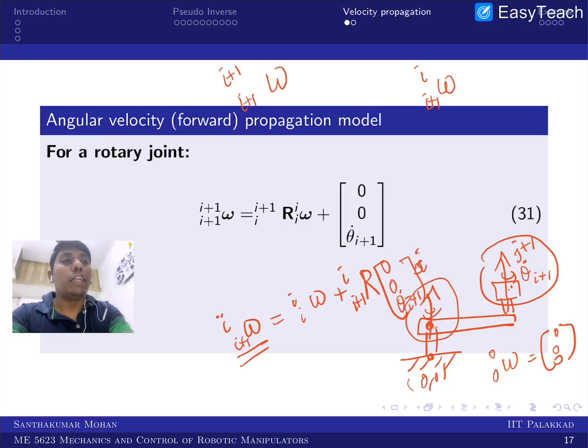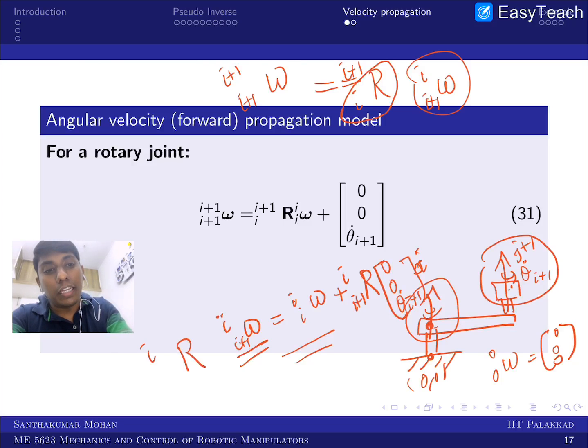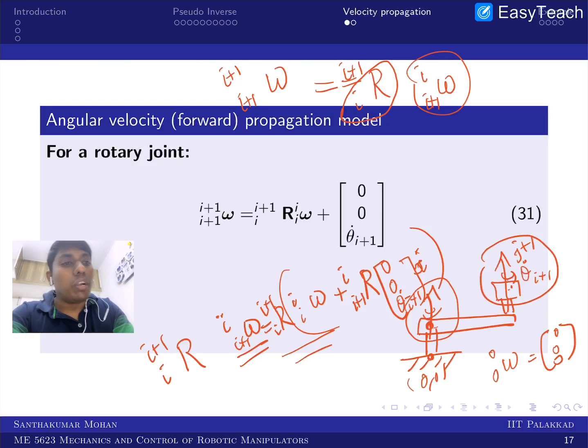For that, I can take this already known quantity and transform it to the I plus 1 frame. In the sense, I know the rotational information of I with respect to I plus 1, so I can multiply this with R I plus 1 to I. What remains is this, and this to this is just an inverse, which gives identity.